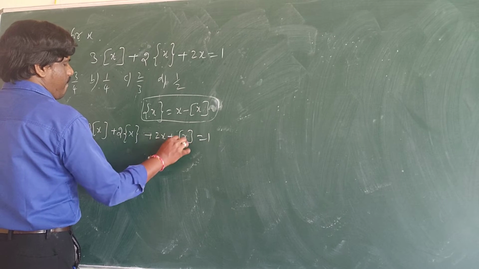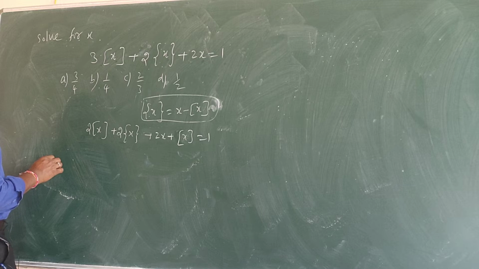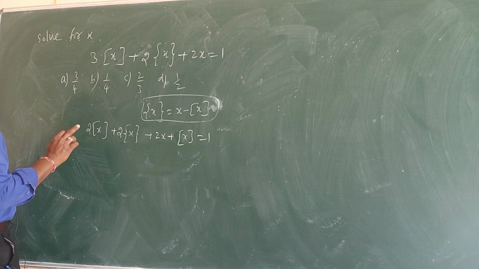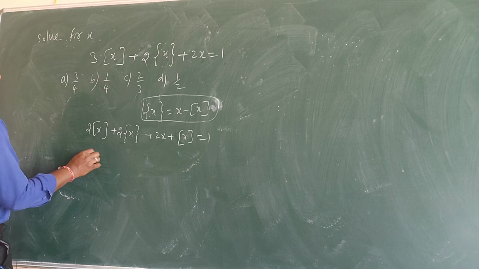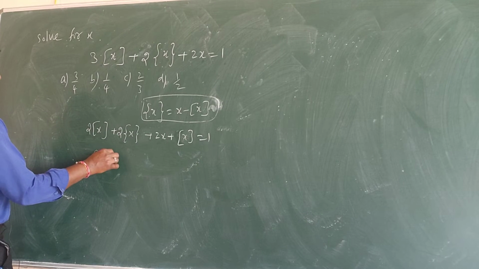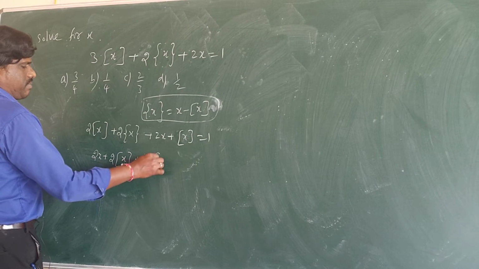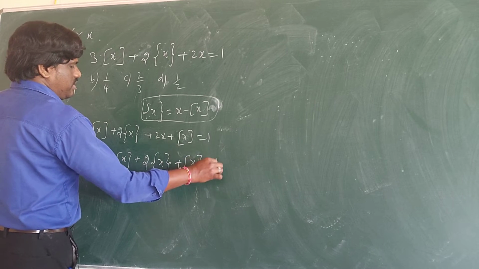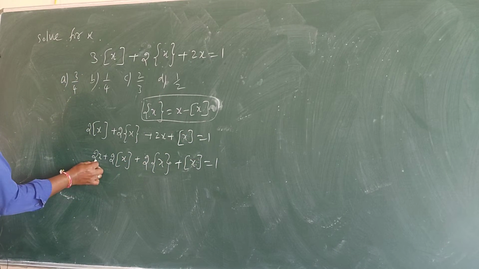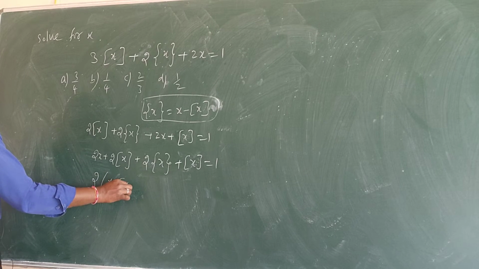From here, if I take 2 common, all of it is needed in terms of the fractional part. So 2x plus 2 times the greatest integer x plus 2 times the fractional part of x plus greatest integer x is equal to 1. See here, if I take 2 common, x plus greatest integer x.